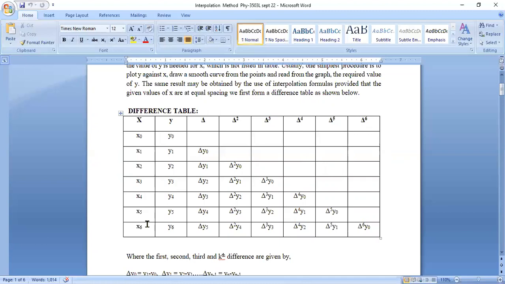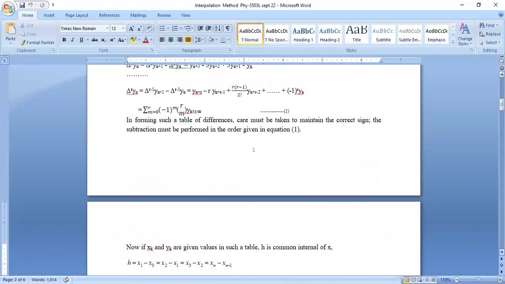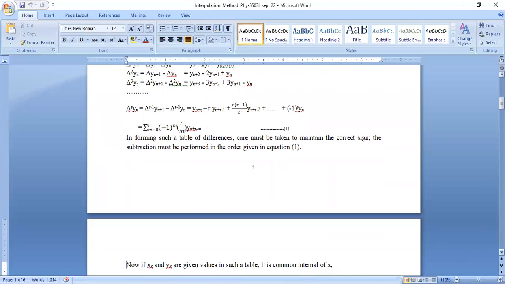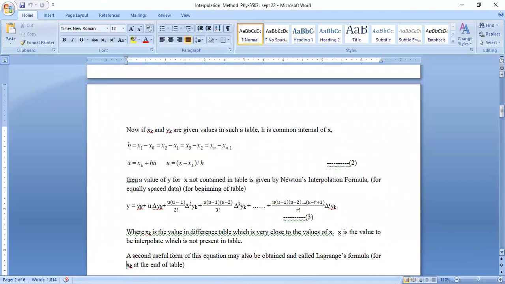We'll take an example, then you will get clarification of what I mean. So this formula number three is a forward formula.